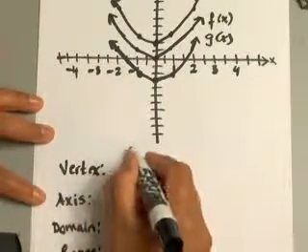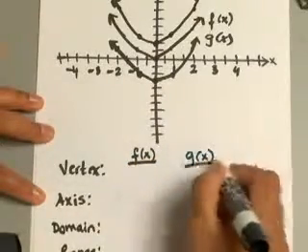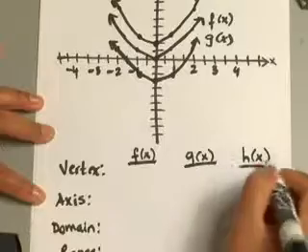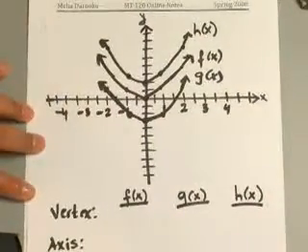Okay, so we'll start with the f of x function, then the g of x, and then our last h of x function. So we'll start with the vertex first.